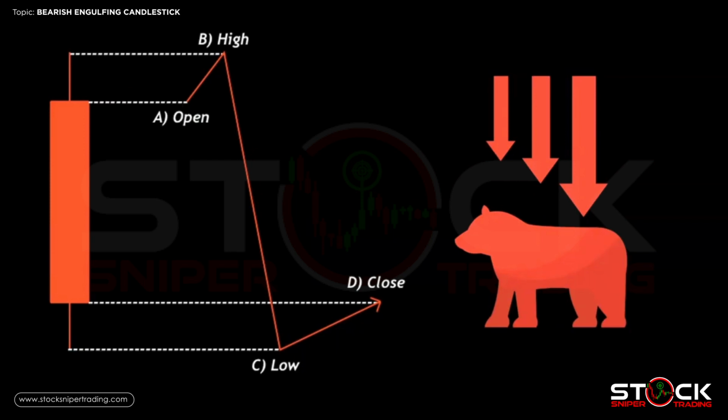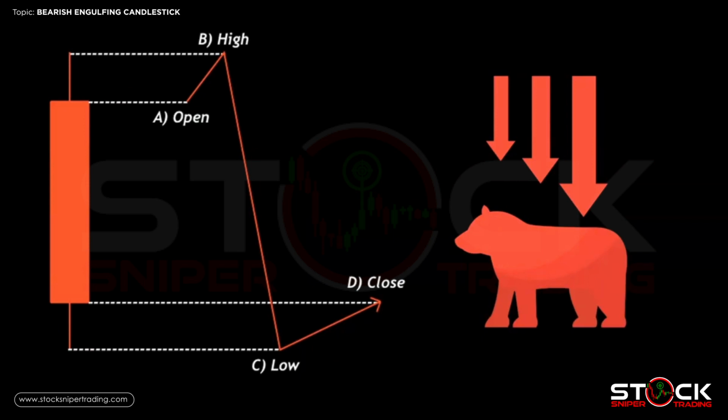A and D represent the open and the close and the body of the candle, which shows the red bearish body, and B and C represent the high and the lows of the time frame, represented by the upper and lower wicks.